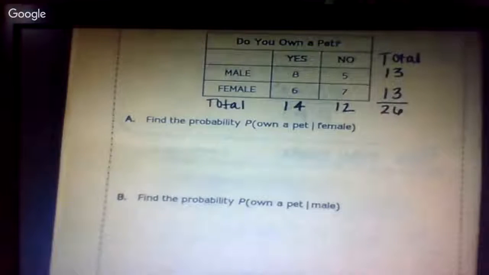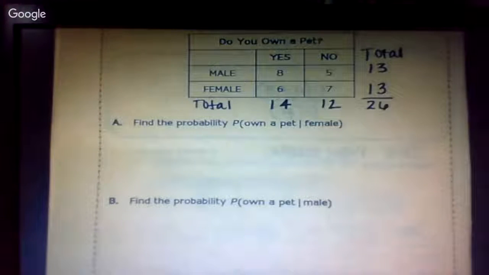Now we're going to use this chart to answer the following questions. A, find the probability that you own a pet given that you're a female. What's my first condition? You're a female. We only care about the females.